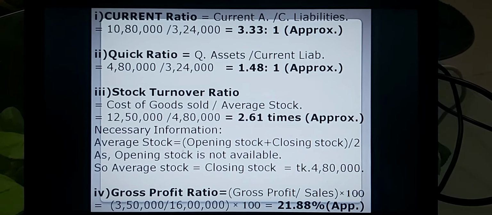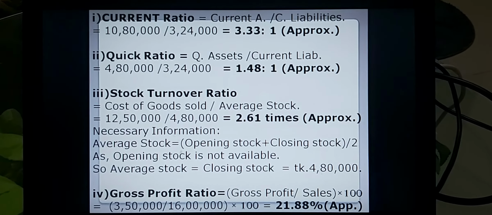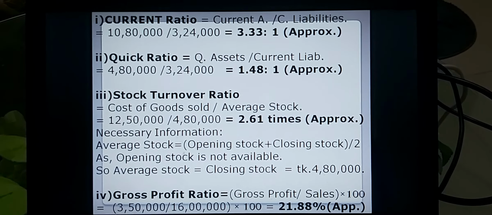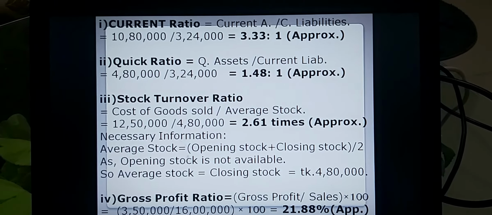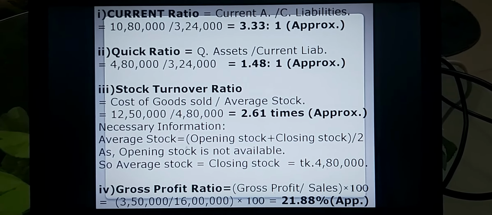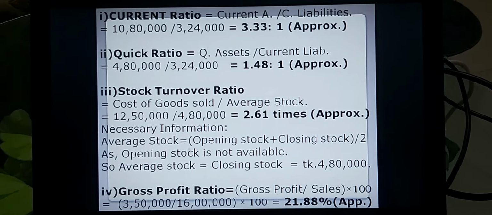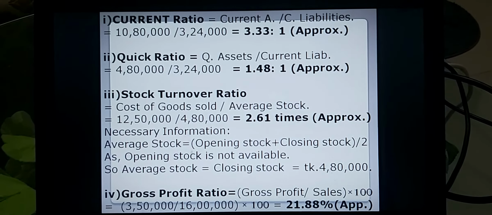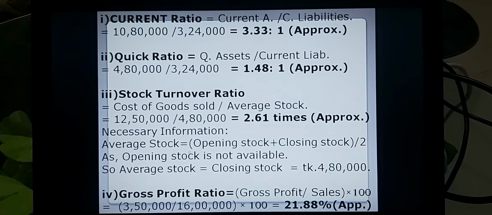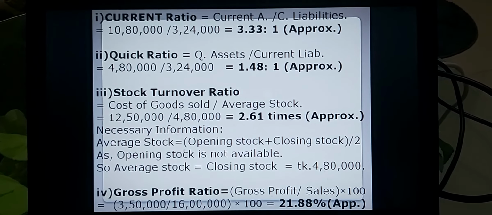This is also available in requirement A and B. From requirement A, you can get quick assets, the amount is taka 4,80,000, and from requirement B, current liabilities is the amount of taka 3,24,000.